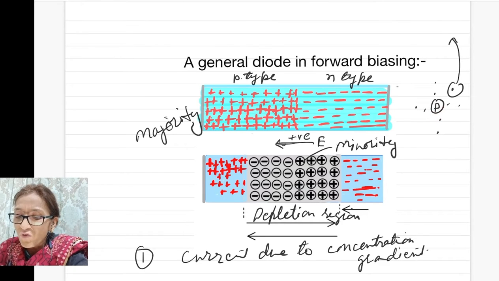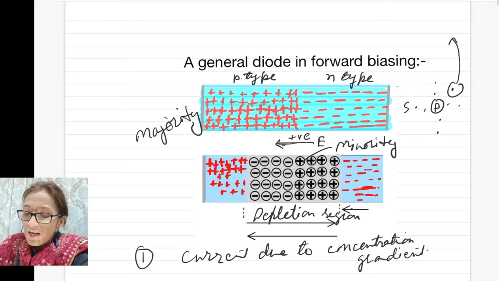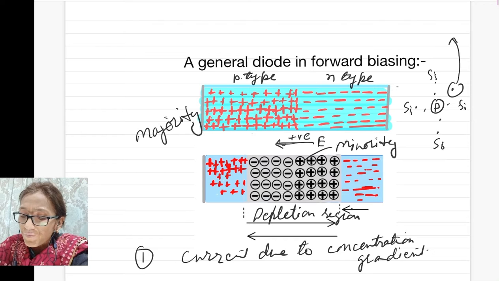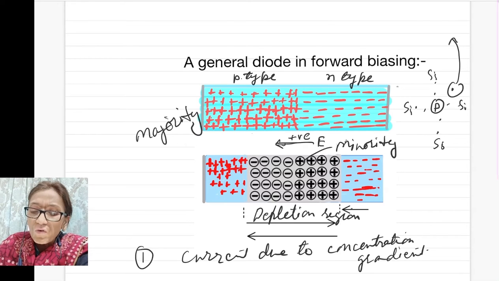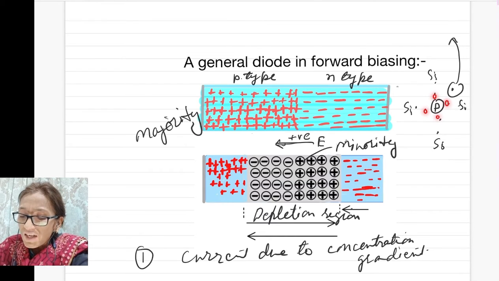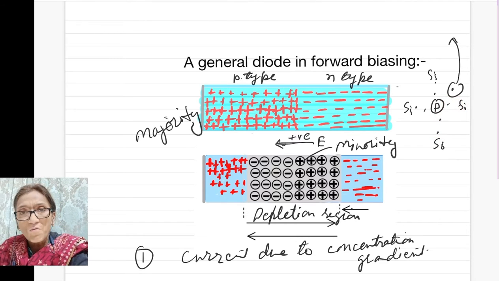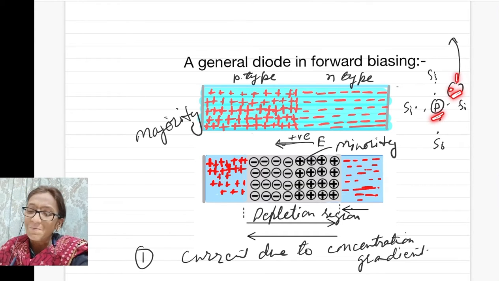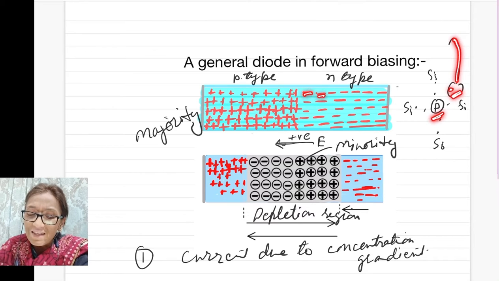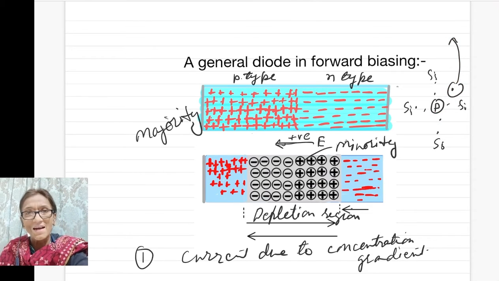When phosphorus sits in between the atoms of silicon, 4 of the phosphorus valence electrons make covalent bonds with 4 surrounding silicon atoms. And phosphorus is pentavalent, so 1 electron is left for each impurity atom. These electrons are called mobile electrons.